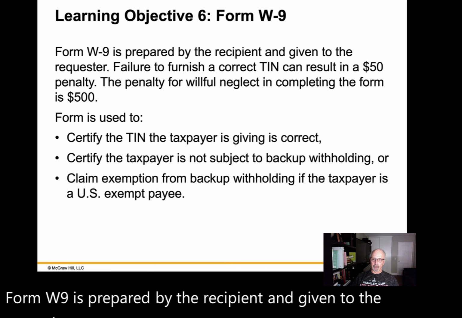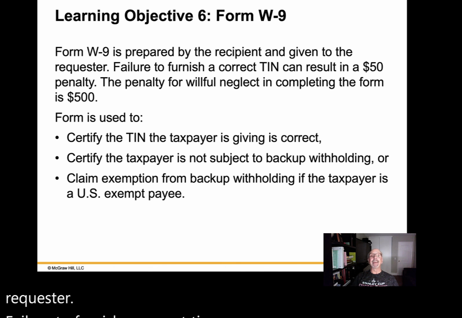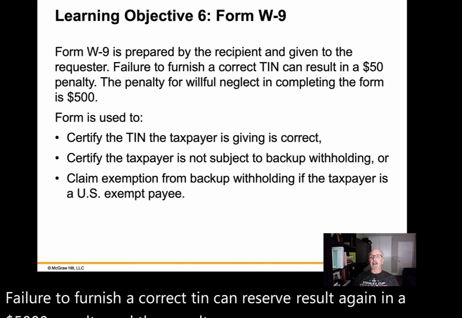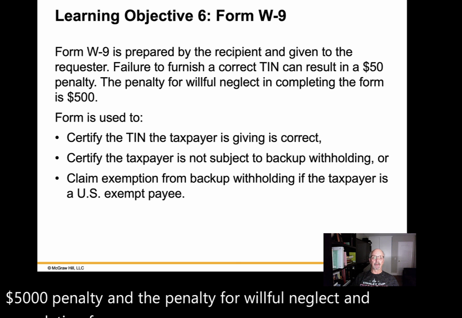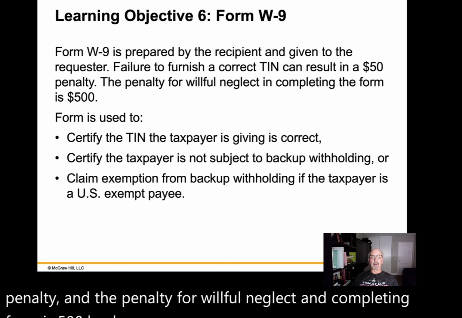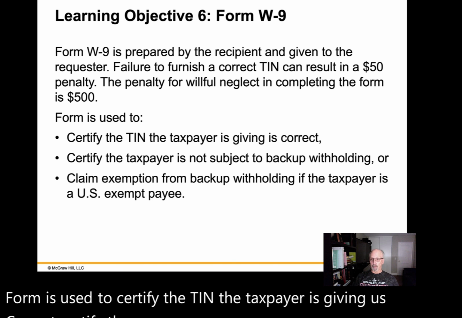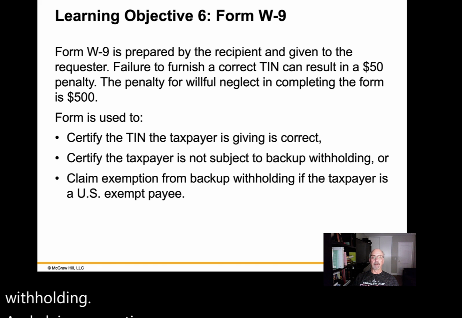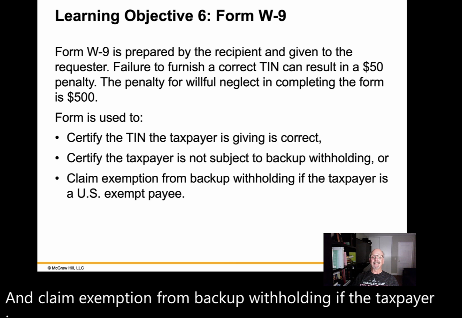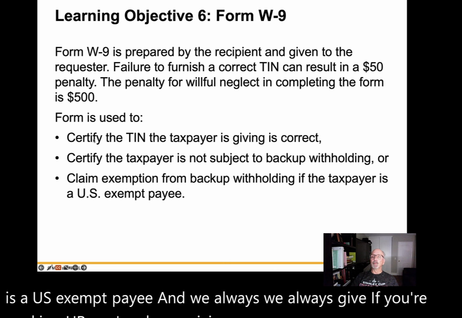Failure to furnish a correct TIN can result again in a $50 penalty, and the penalty for willful neglect in completing the form is $500. The form is used to certify the TIN the taxpayer is giving is correct, certify the taxpayer is not subject to backup withholding, and claim exemption from backup withholding if the taxpayer is a U.S. exempt payee. And if you work in HR, you're always giving a W-9 to new employees, for example.